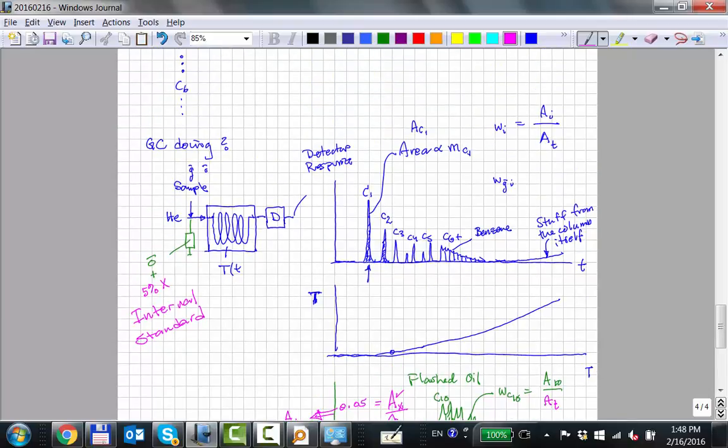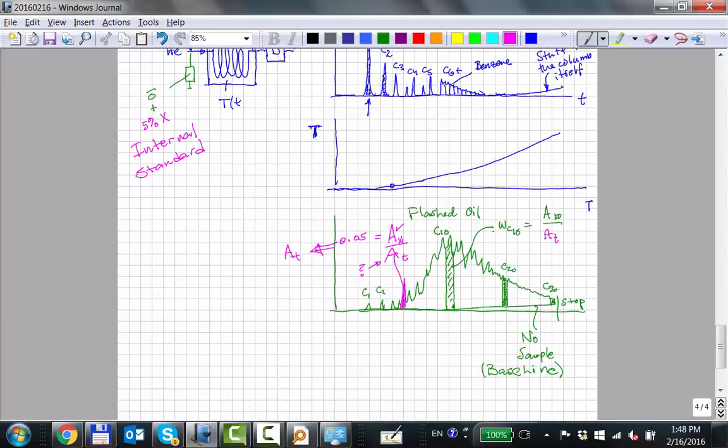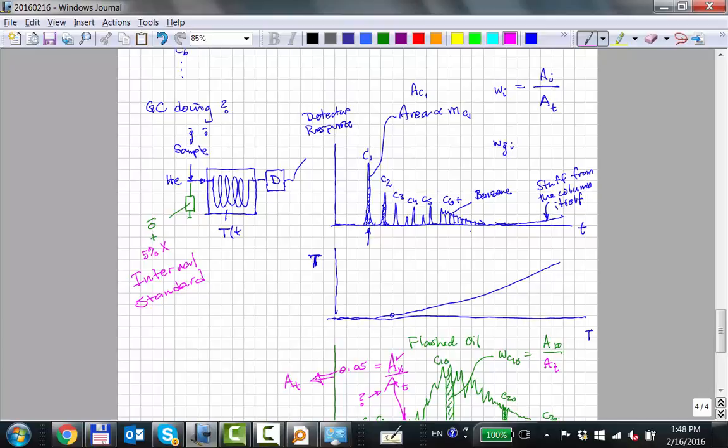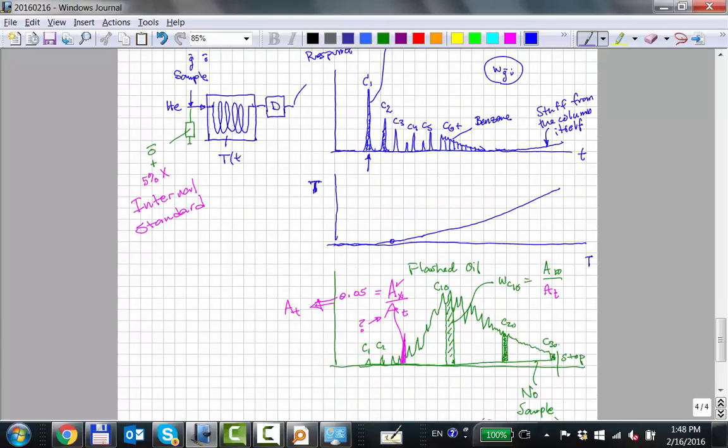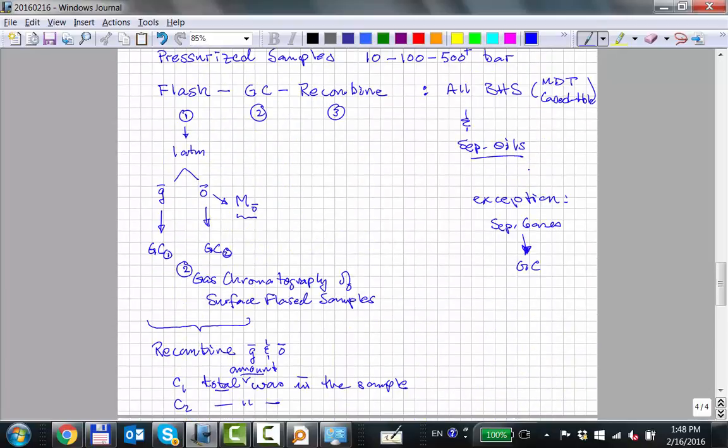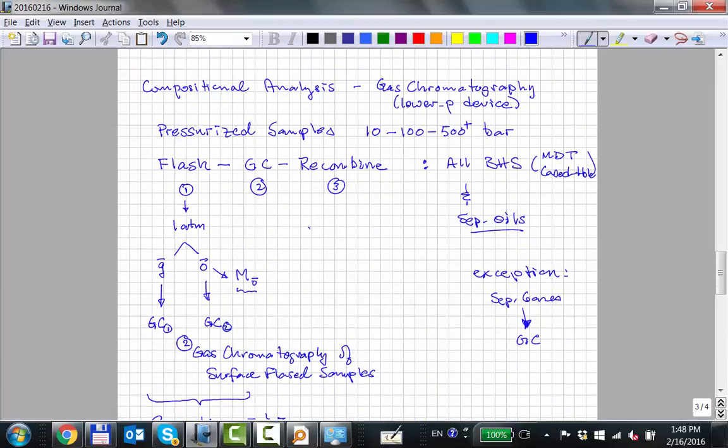Okay. So this gave us the weight fraction here for this flash gas. Here we've got the weight fraction for the flashed oil. Okay. And then when they do the flash, they actually get the volume of this gas and they get the volume of this oil.